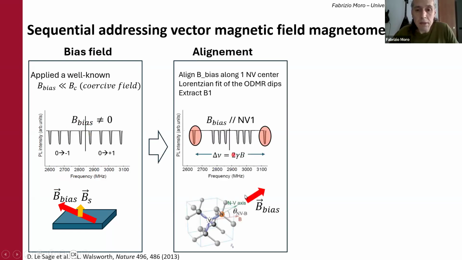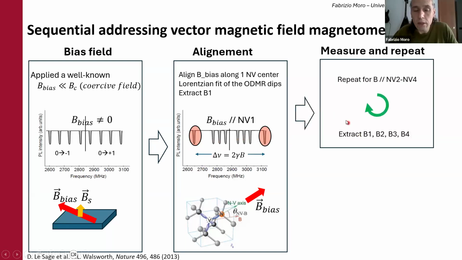And then the bias field is applied along one of the crystallographic directions of the NV center. In this way, you single out a particular resonance line, and then by measuring the difference in the frequency of the resonance line, you can extract the magnetic field component along that isolated NV center direction.